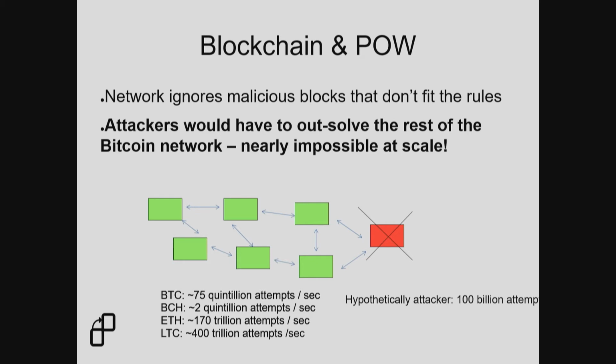On the Bitcoin Cash blockchain, there's about 2 quintillion, and we're in the hundreds of trillions for Ethereum and Litecoin. And these are all considered to be pretty decentralized currencies. Even if you had a data warehouse full of mining ASICs to try and pull off some sort of fraudulent action on the network, it's impossible at the scale of these actual decentralized blockchains.